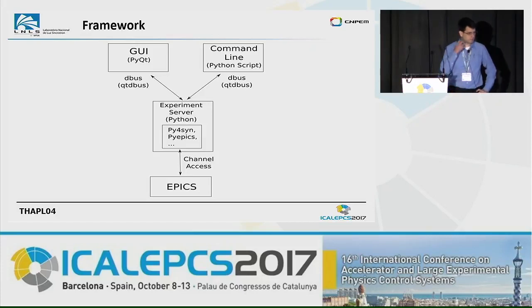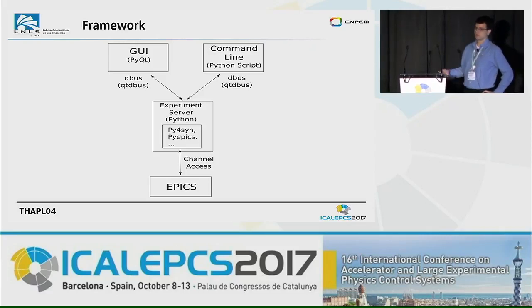Then we had the second approach to this proposal. In this case, we had a server in the middle. The experiment server is responsible for waiting for requests from clients, in the client-server model. So we could have a GUI implemented in the same way as I explained before, using PyQt.